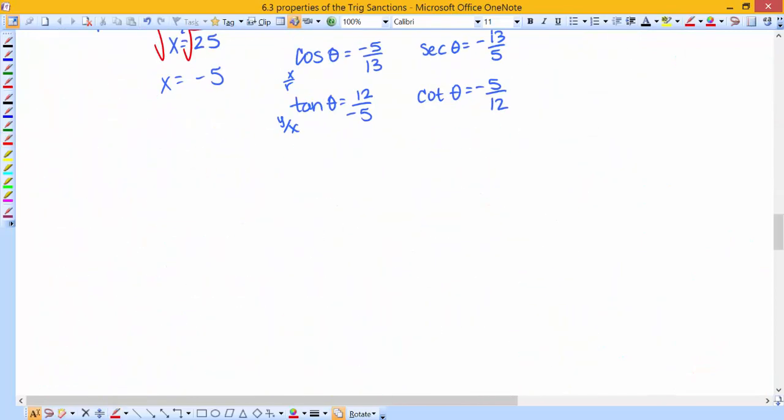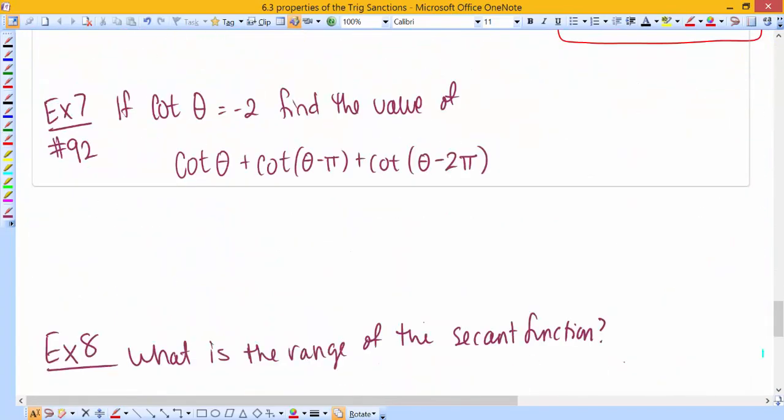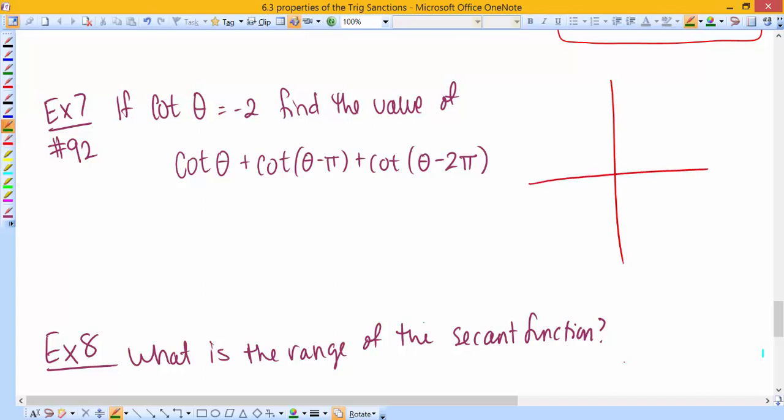So in this example here, I need to remember that I can move around the unit circle pi and 2 pi, and I will be back where I started. So if I draw a quick little circle here, for example, if I start here, and let's just say hypothetically the tangent is 4, when I come over here, 180 degrees, that tangent will also be 4.